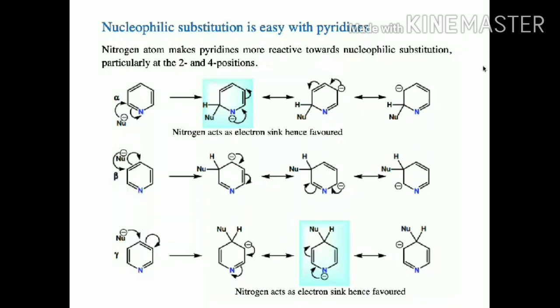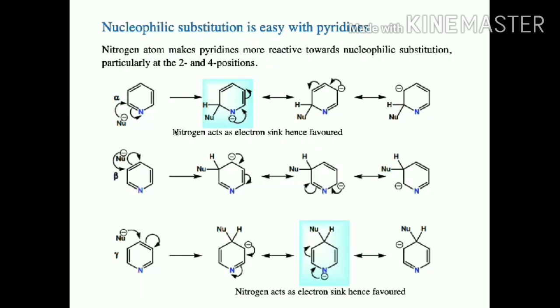And if you come to nucleophilic substitution, it is very easy with pyridine. Electrophilic aromatic substitution reaction is very difficult, whereas nucleophilic substitution reaction is very easy with pyridine. The positions more reactive towards the nucleophile are 2 and 4. Why?